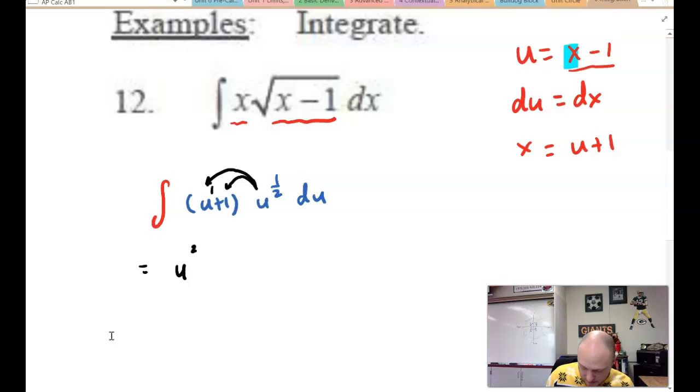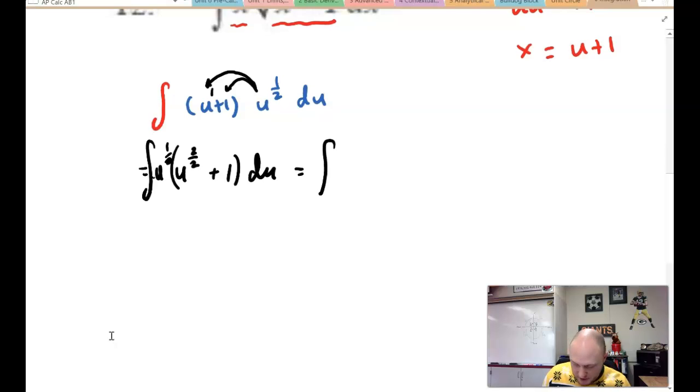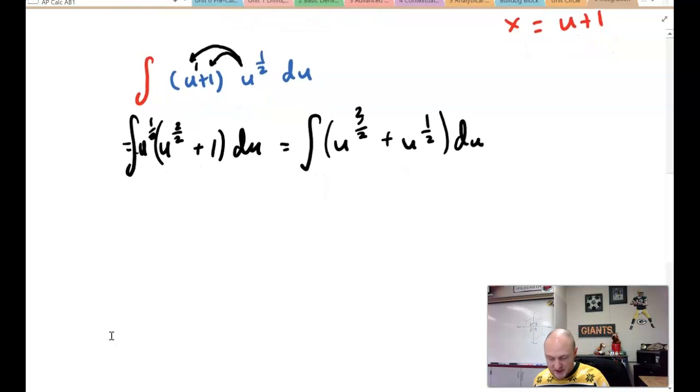Maybe I should write it like this, 2 over 2 plus 1, u to the power 1/2 du. Okay, and I'm just going to go ahead and distribute. So u to the power 1/2 times u to the power 2 over 2 becomes u to the power 3 over 2 plus u to the power of 1/2. Okay, and all of this we're integrating with respect to du.